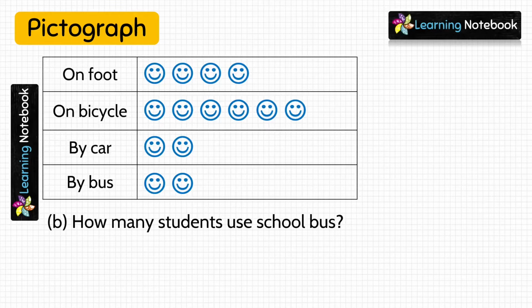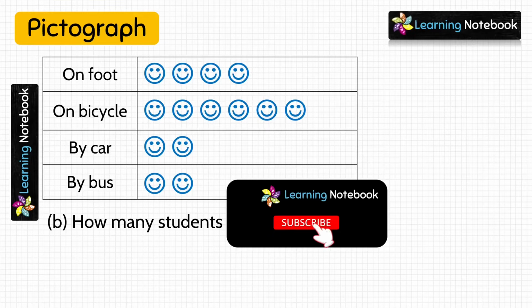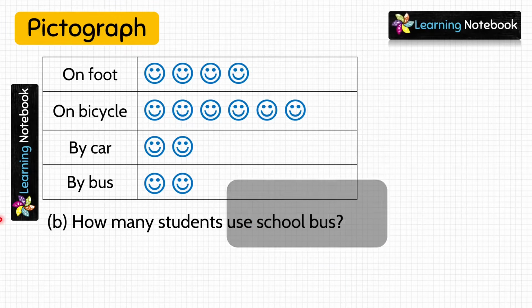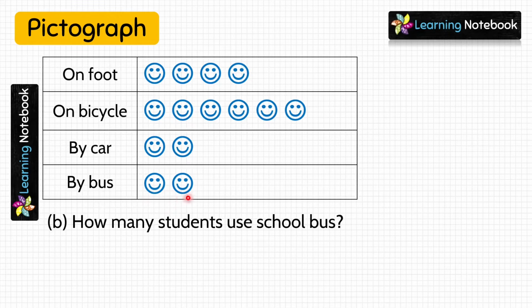Now B part is, how many students use school bus? So as we can see in this pictograph, 2 smileys represent number of students who go by bus. So 2 smileys means 2 into 100, which is equal to 200 students. So 200 students use school bus.